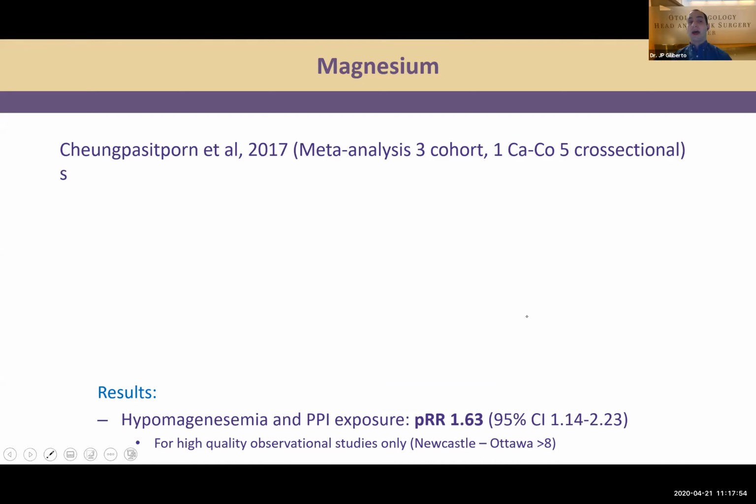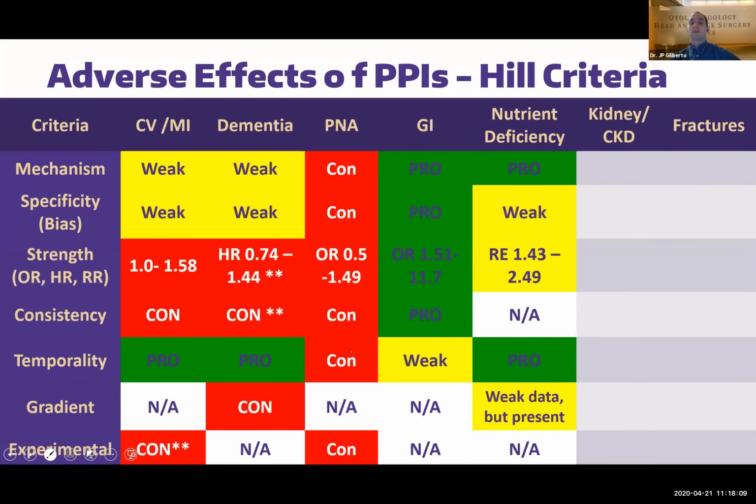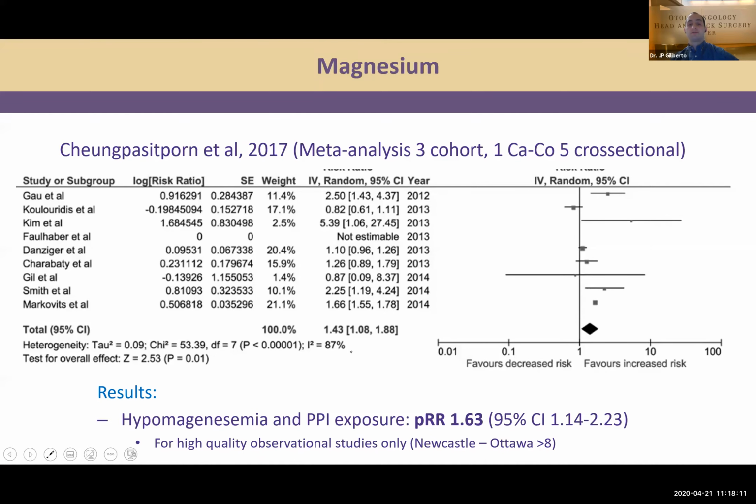Similarly, when you look at meta-analysis of observational studies for magnesium, you see that there's a varied literature, but there is an overall pooled risk estimate of 1.43, showing a slight increased risk of hypomagnesemia with PPI exposure.